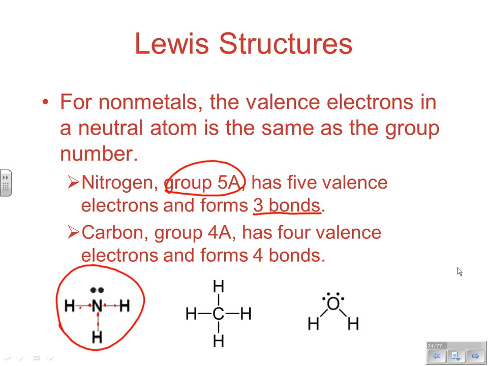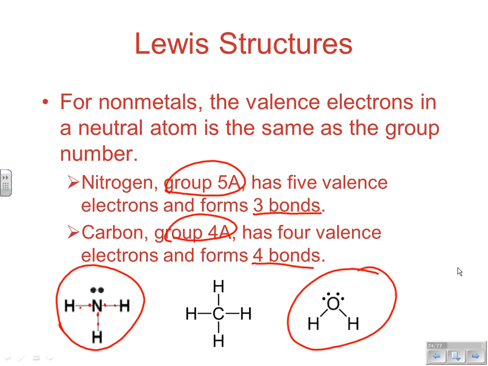When you look at something like methane, CH4, carbon is in group 4A, and group 4A has 4 valence electrons, so that means it's going to form 4 bonds. So methane, the simplest hydrocarbon, ends up with 4 hydrogens, each sharing their single electron with the 4 dots from carbon. Everything, once again, ends up with a stable electron configuration. The last example I want to look at is the world's most common substance, water.